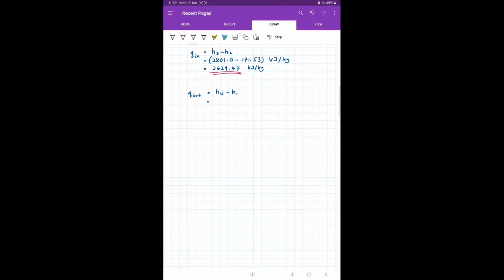And this is 1889.74 minus 167.53, and this is equals to 1722.21 kilojoule per kilogram.